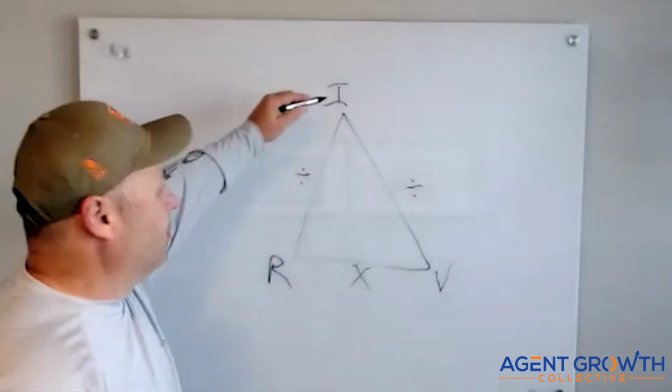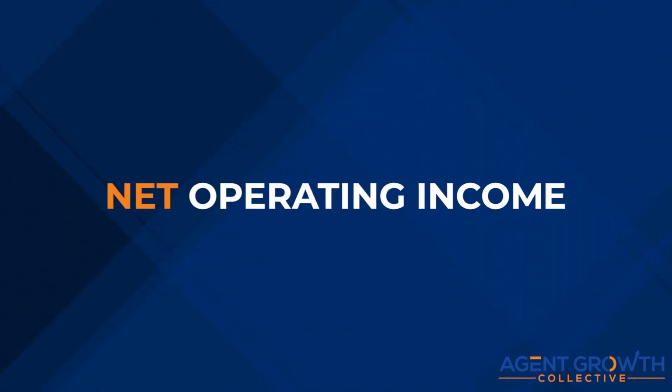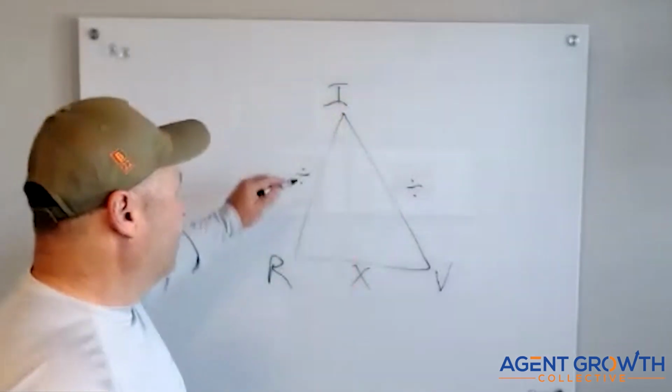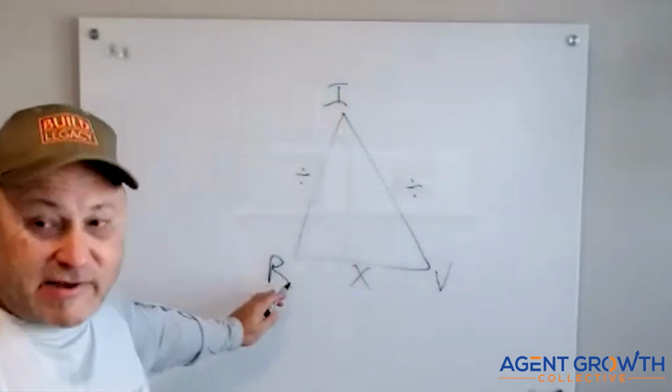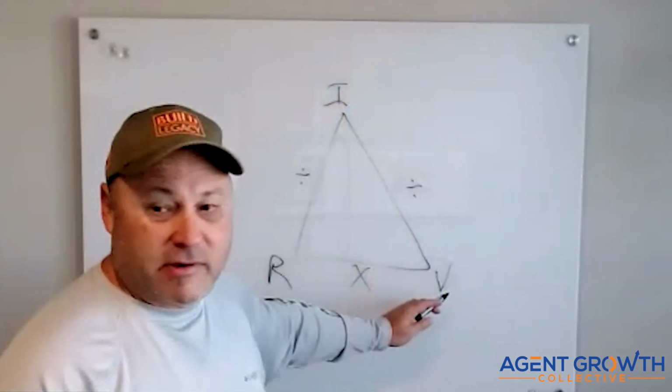capitalization rate. So income, which is net operating income, it's not gross operating income, it's not off of a pro forma, it is truly net operating income, divided by capitalization rate equals the value.